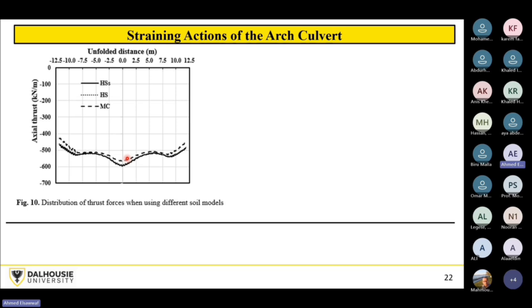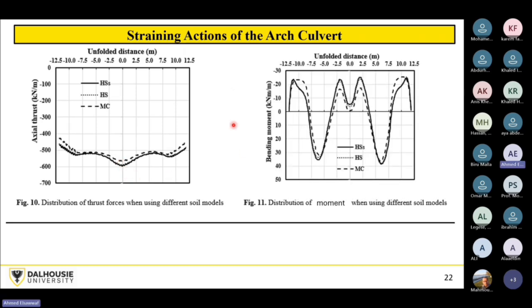Underestimation means that you will get less buckling stresses, less axial compressive stresses, and this can deceive you and lead to a wrong design if you take a lower section in this design.